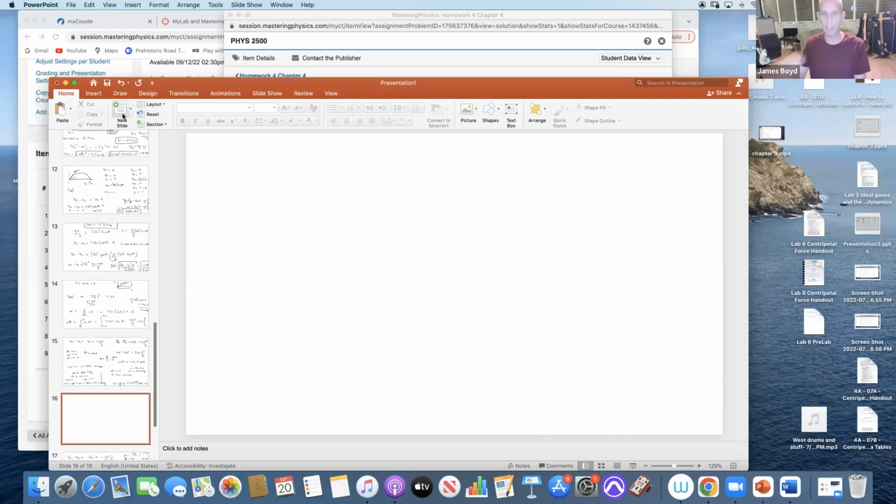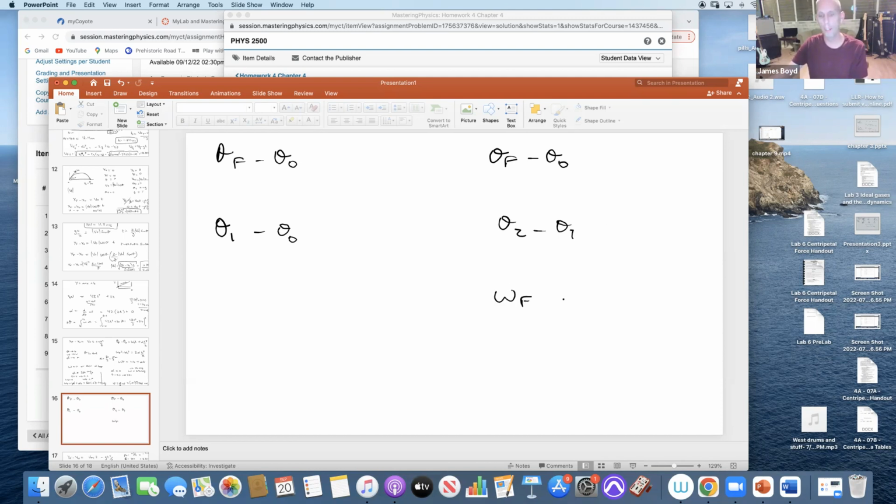Now, again, what we have to do is find theta final minus theta initial for the first part and theta final minus theta initial for the second part. What I'm actually going to do is call this theta 1 minus theta initial, and then theta 2 minus theta 1. When we have constant omega, omega final is omega because it's constant.